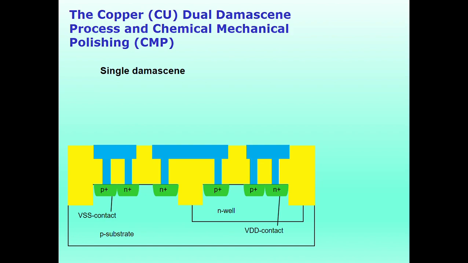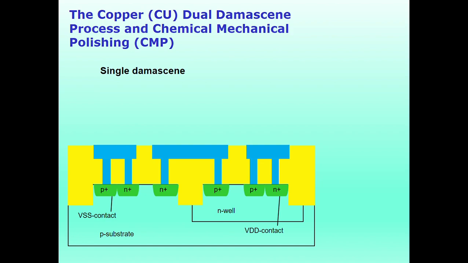The excess metal is removed by chemical mechanical polishing or CMP, and the wafer is then processed by an aqueous post CMP cleaning step. Dual Damascene process. The dual Damascene process is similar to the single Damascene process and is used in microprocessor manufacturing for making metal interconnects.